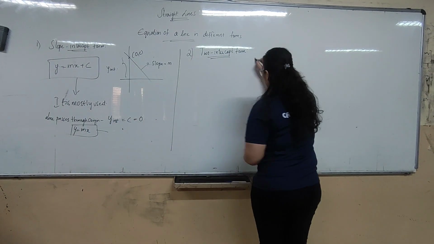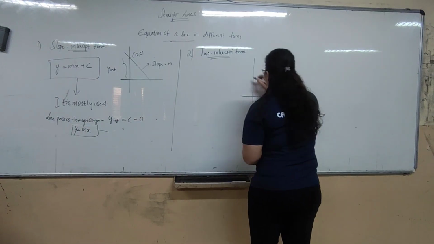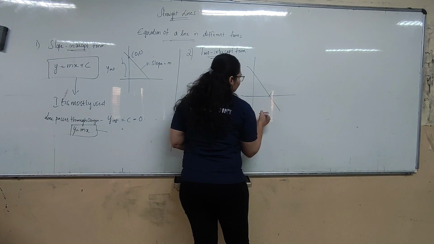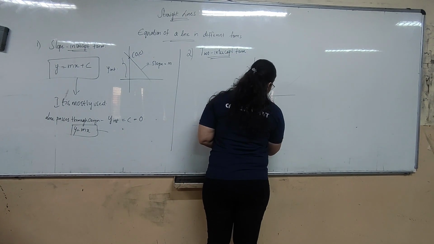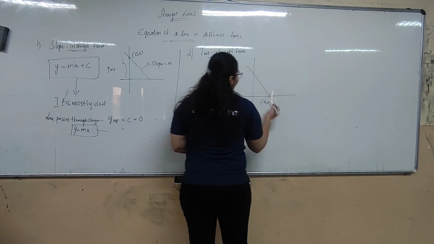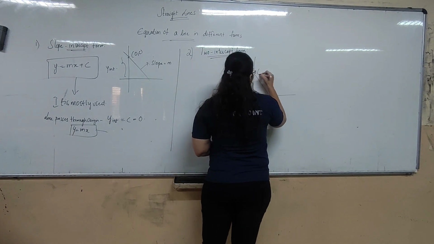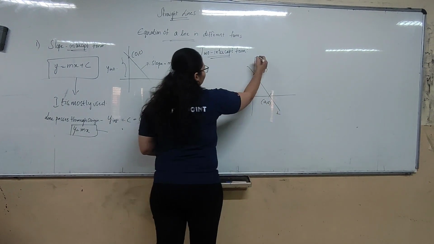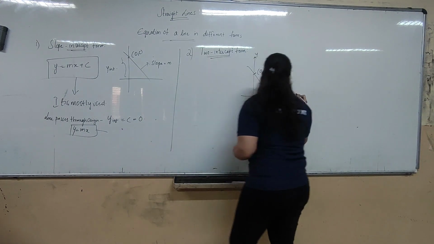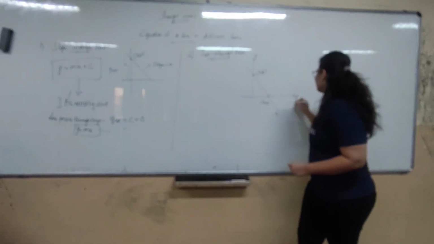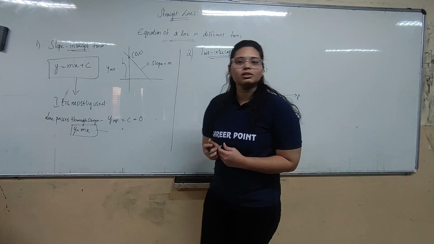Let's take a coordinate axis where the line meets the x-axis at (a, 0), and meets the y-axis at (0, b). This is the y-axis and this is the x-axis, and this is the origin, right?